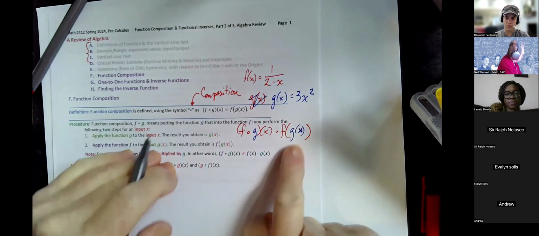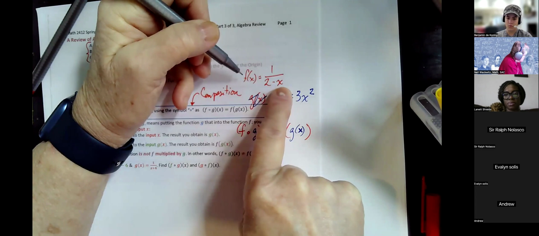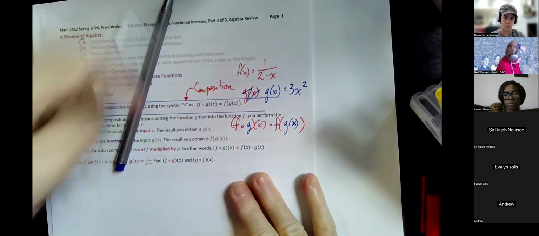Everywhere that there was an x in the formula for f, we're going to put the whole g of x. So let's see what that means.